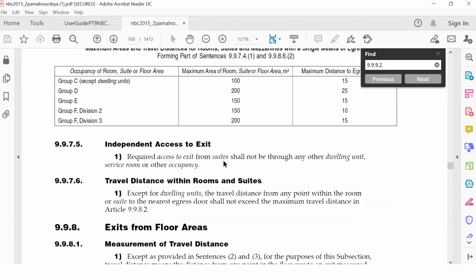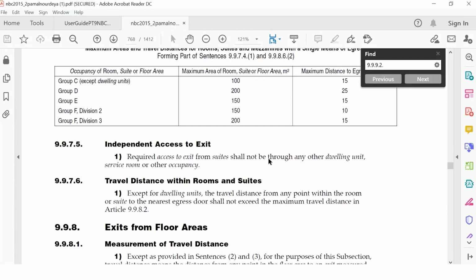Required access to exit from a suite shall not be through any other dwelling unit, service room, or other occupancy. So if you have suites, you cannot go through the dwelling unit of another occupant. You cannot go through the service room of the building. You cannot go through another occupancy of the building. So if you have a kitchen serving a building of residential occupancy, your occupants cannot go through the kitchen to get to an exit.